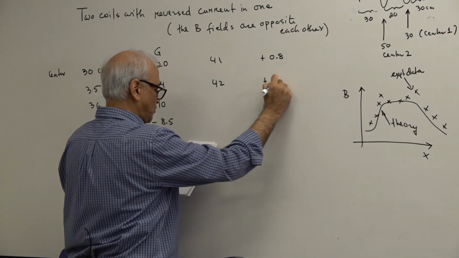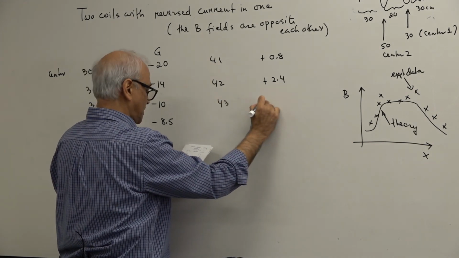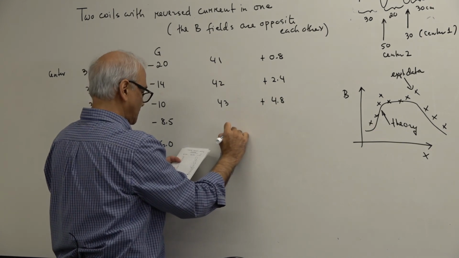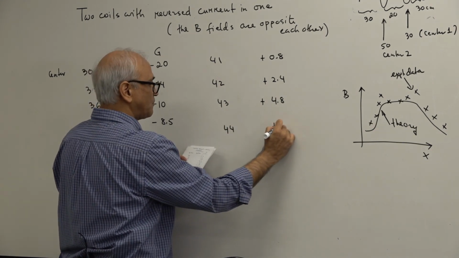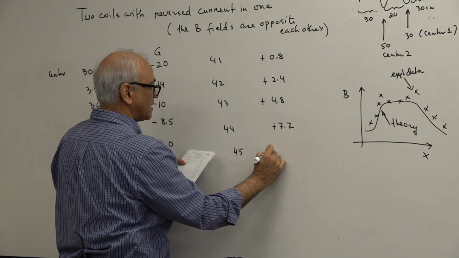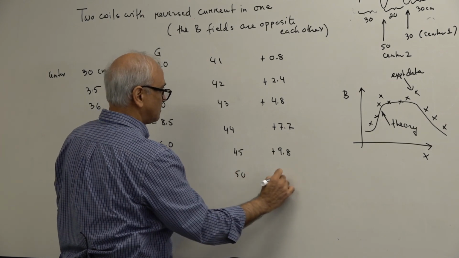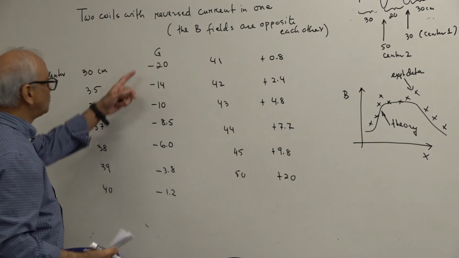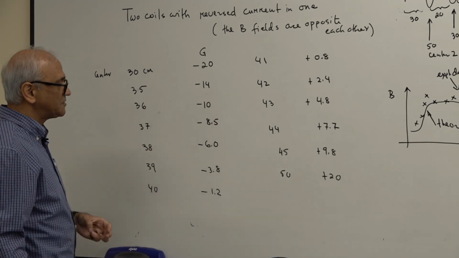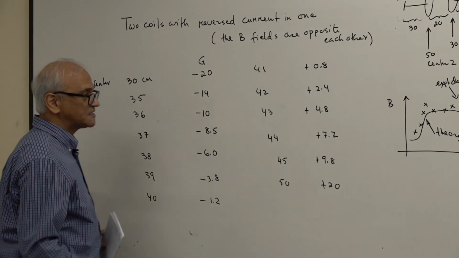This is all plus 2.4. 43 is plus 4.8. 44 is plus 7.7. 45 is plus 9.8. And 50 is plus 20. I'm back to 20. There's a little bit of difference, it's not exactly symmetric, but part of it is because I'm not pointing right at the center.